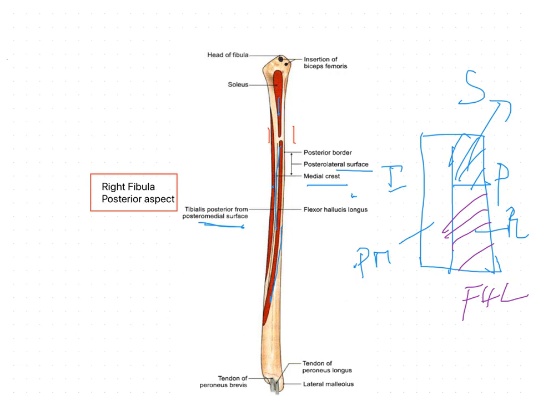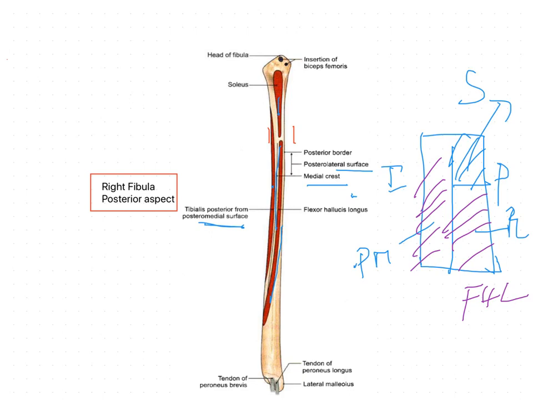On the posteromedial side, the tibialis posterior originates. So these are the muscle attachments on all the surfaces of the fibula.